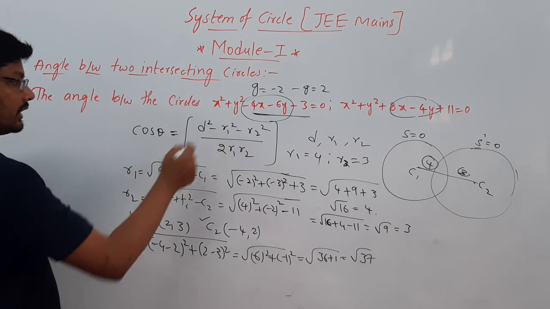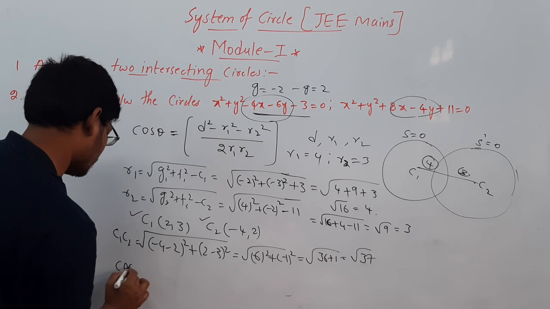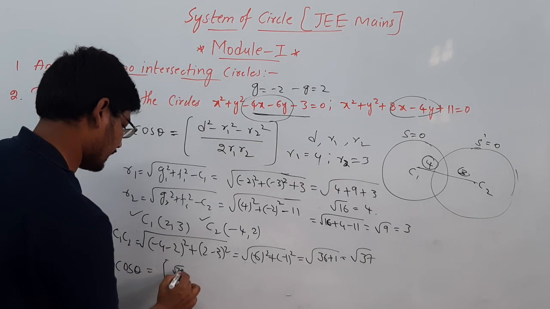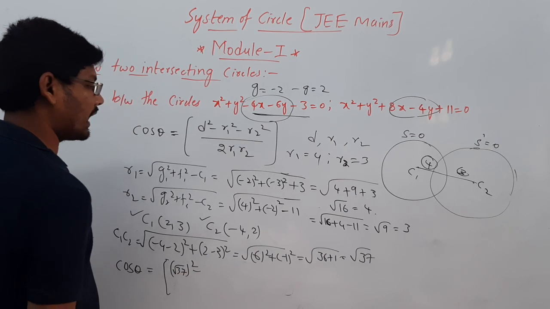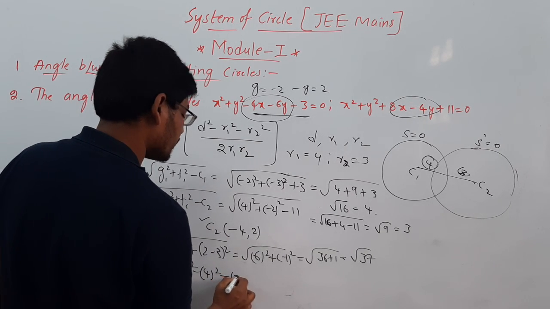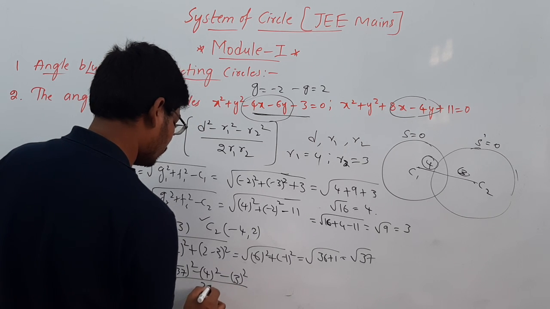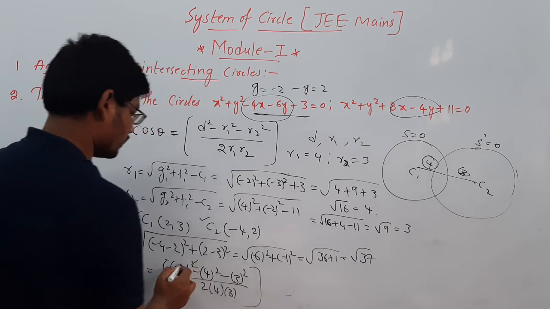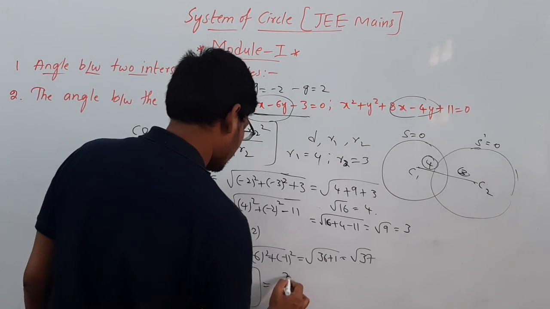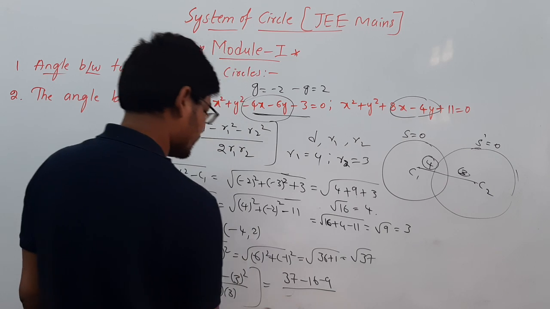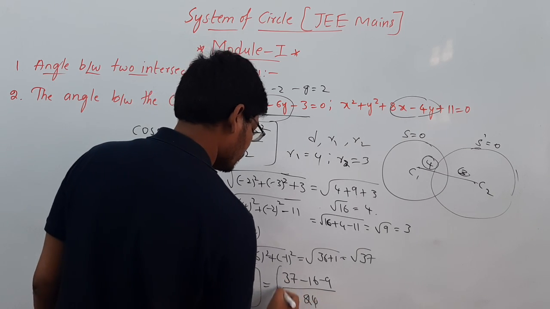Let's substitute the values in this formula. Cos theta is equal to D square, root 37 whole square, minus r1 square, r1 square is nothing but 4 square, minus r2 square, nothing but 3 square, divided by 2 r1 r2, 4 into 3. Next, square and root get cancelled, 37 minus 16 minus 9, divided by 4 into 12, 12 3s are 24.